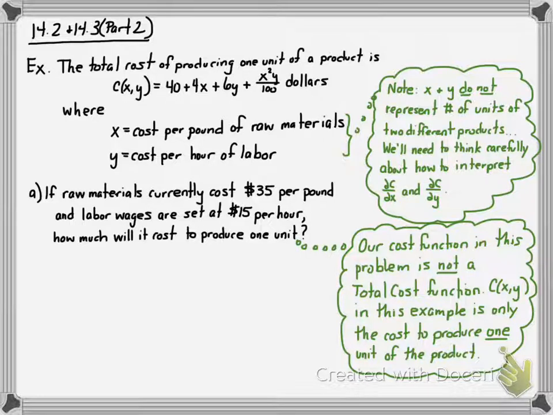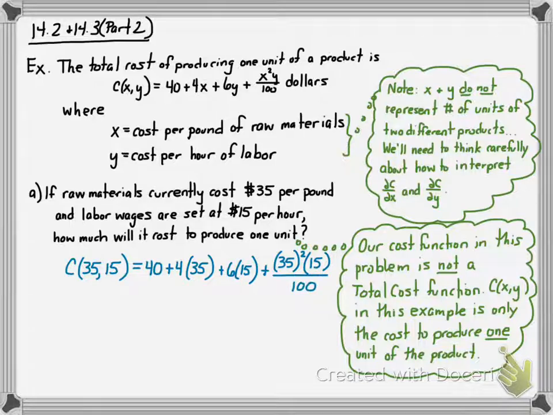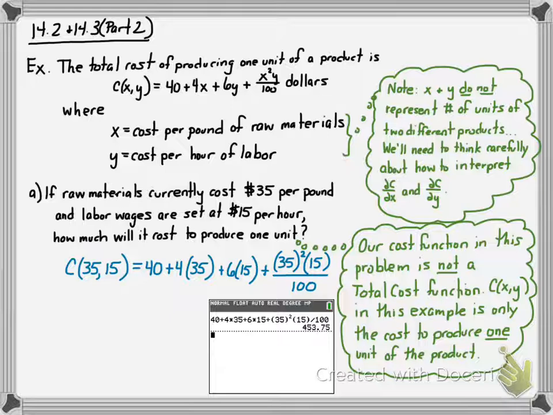Okay, so we have our formula for our cost to produce 1 unit, and we can plug in 35 for x because x represents the cost of the raw materials, and 15 for y because y represents our hourly labor cost. And so we do that, we plug it all in, we type it into the calculator, and hopefully, you should double check this, we get a final output answer of 453.75.